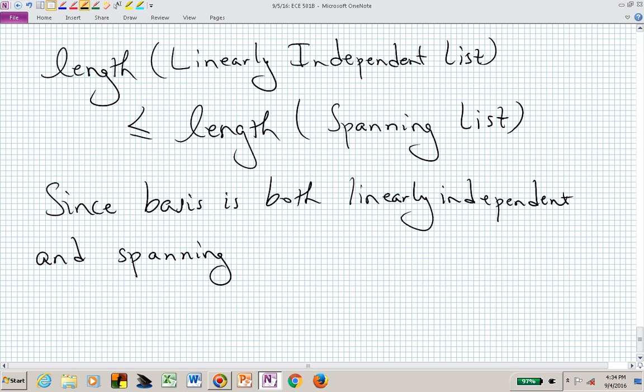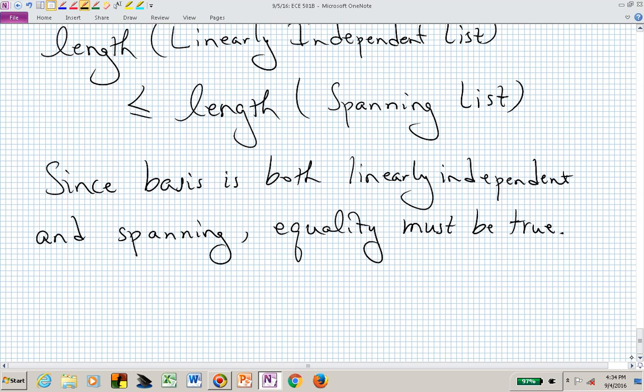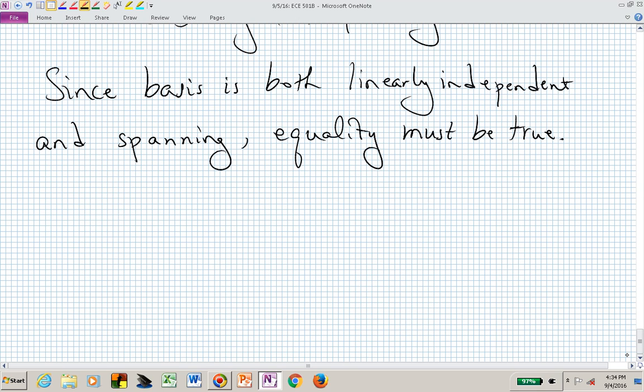Since the basis vectors are both linearly independent and spanning, then equality must be true. And we're talking about representing an arbitrary vector u with a unique combination of weights of basis vectors.